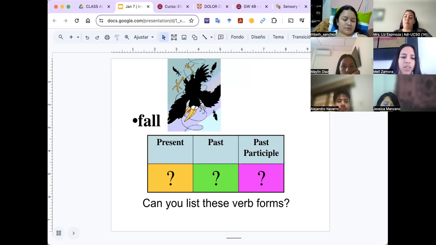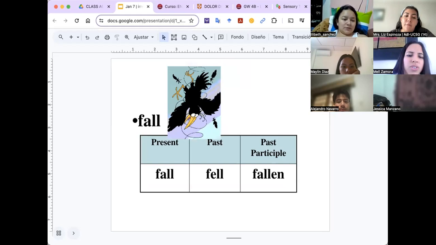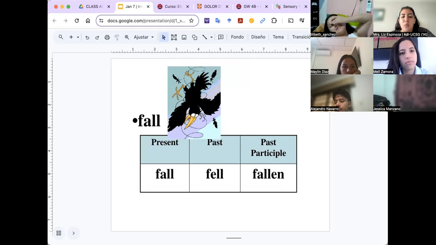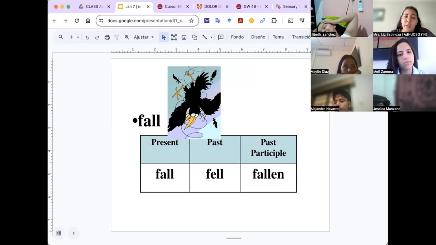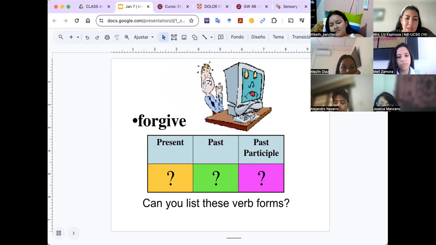Fall. Fell, fallen. Be careful, because if you say F-E-E-L, it's feel, so it's another word, but fell, only changing A to E, is the past.